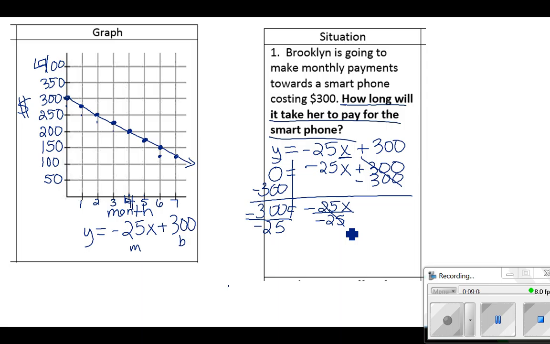When you do that, negative 300 divided by negative 25 is 12, positive 12 equals x. So now we have to figure out what does that mean? The 12 means that's how many months it will take her to pay off her smartphone. So 12 months would be our answer.